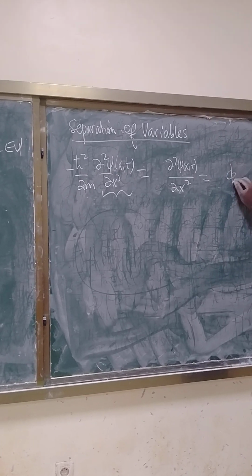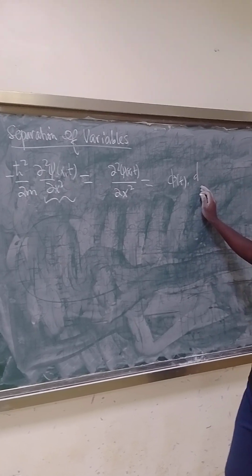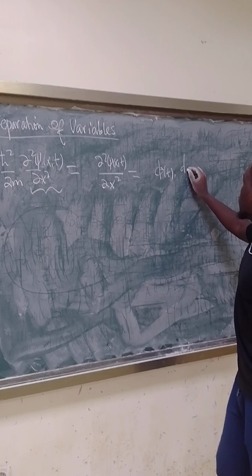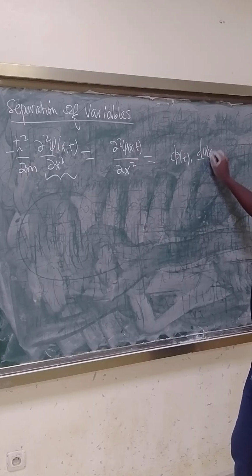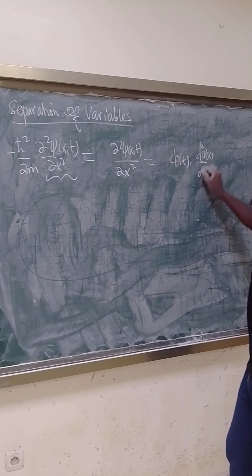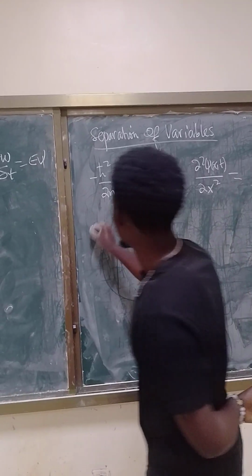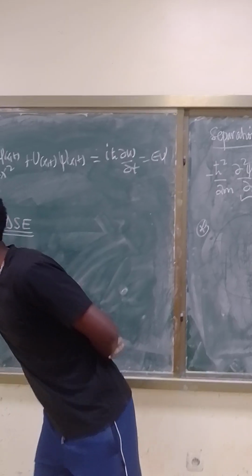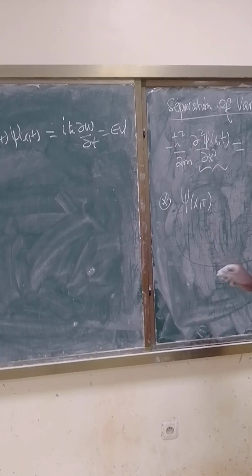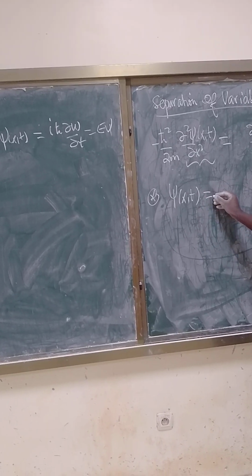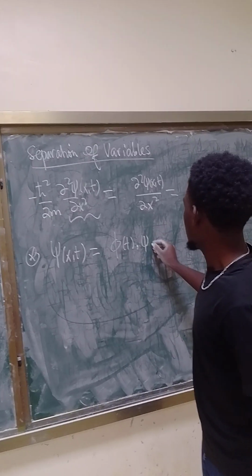Then I will have this phi as a function of time times the total derivative, because we have only x left, of this one squared. That is it. Now if I have the psi as a function of x and t, this one is equal to the function phi of t times the function psi of x.